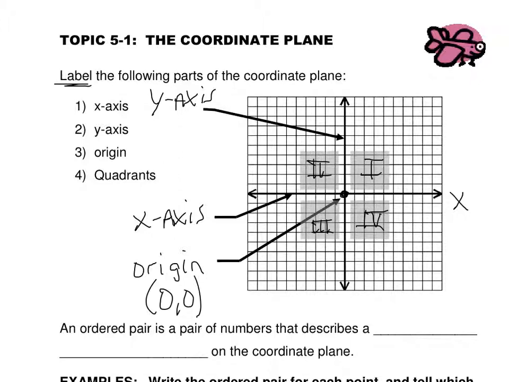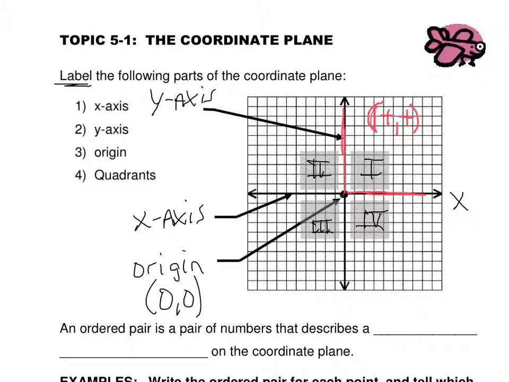All right, and then we want to talk about the points in the quadrants. Over here in quadrant 1, let me make that a little bit bigger. In quadrant 1, an ordered pair would be the x is positive and the y is positive, because this section is positive and that is positive.